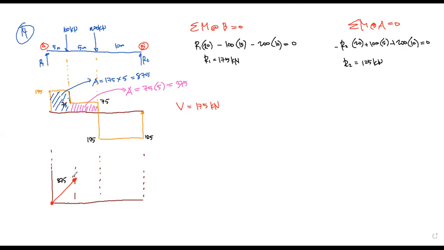So 875 plus 375, that is equal to 1,250. So you go there, so that's 1,250.